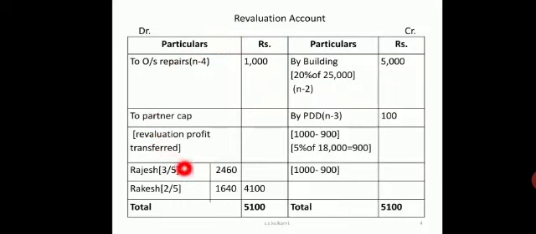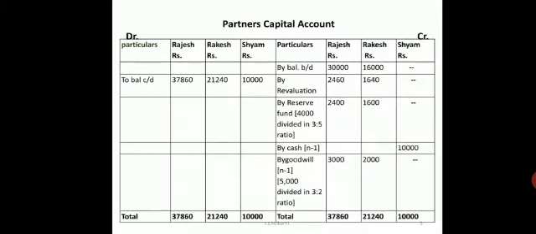From this revaluation account, we are going to prepare the partner's capital account. So now again divide the page in two parts, debit side and credit side. On debit side, draw 4 columns and credit side, draw 4 columns. Let the particulars column be a little bigger and equal parts for partners, equal columns.